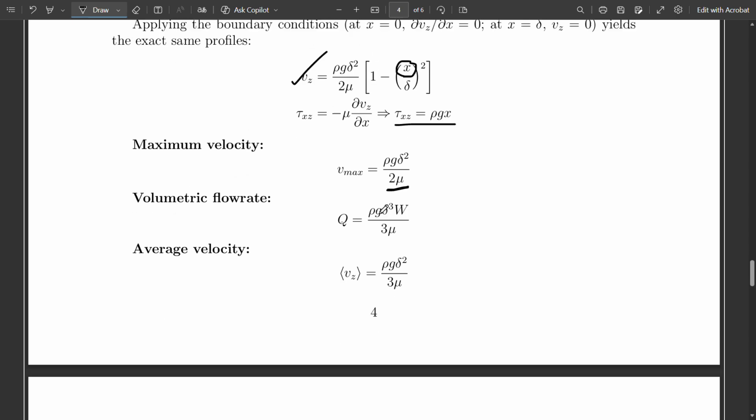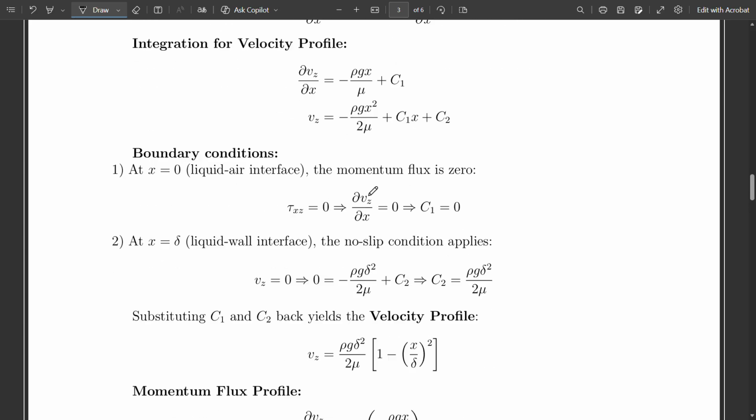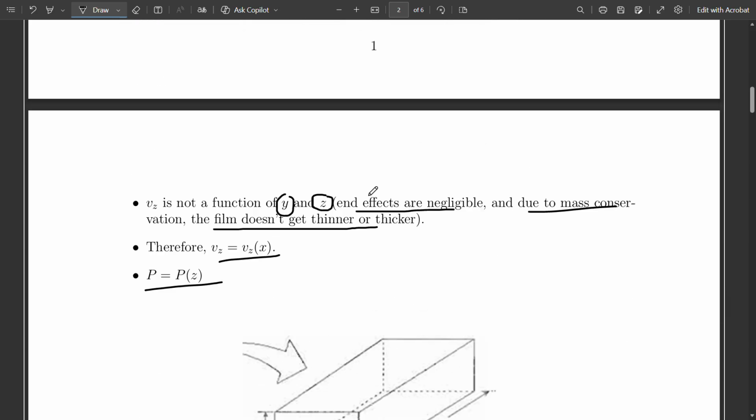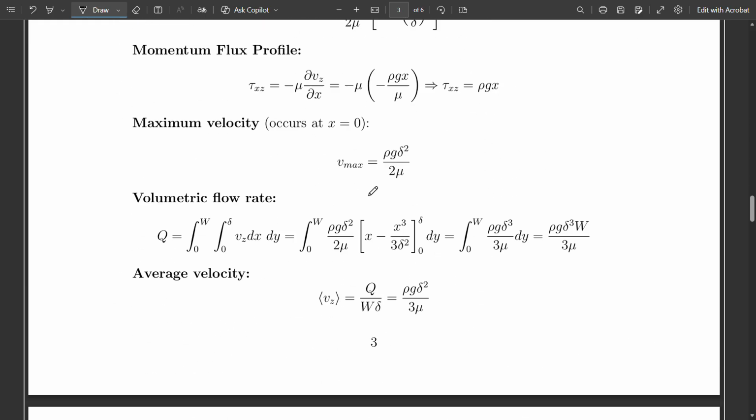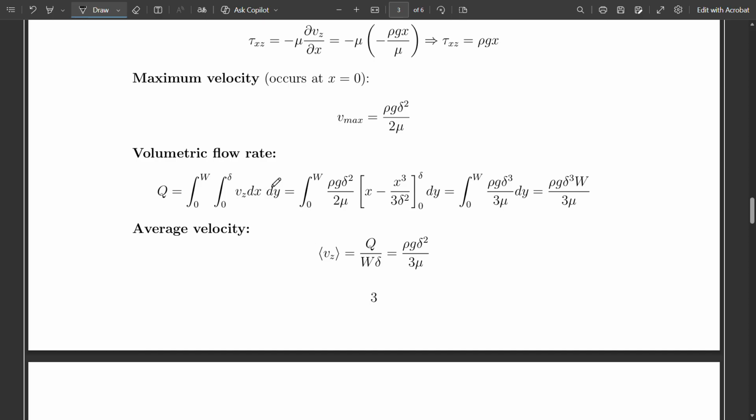For volumetric flow rate, we have to integrate the velocity profile twice over the area through which the flow is flowing. This is our flow area, W delta. Integrating with x and y, we get the final volumetric flow equation.